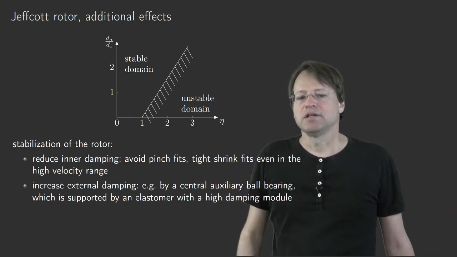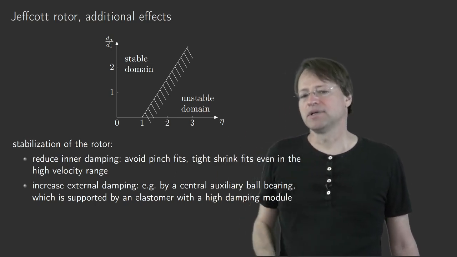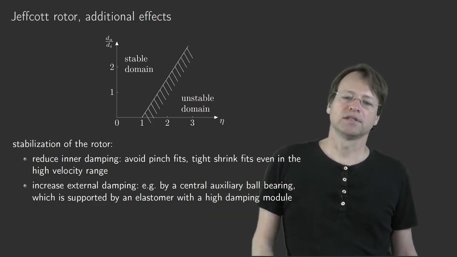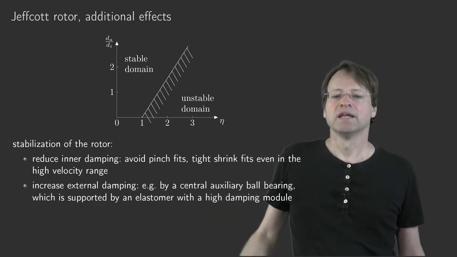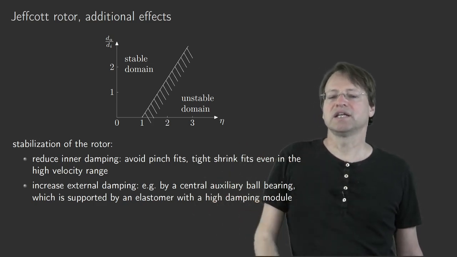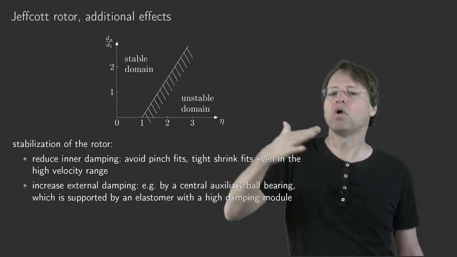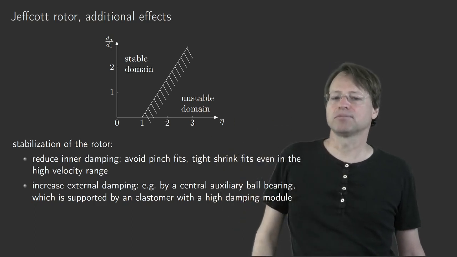For example, by introducing auxiliary bearings that are supported by an elastomer in order to support the system with a high damping module. But you want to use this in extreme cases, for example, if you pass the resonance in order to avoid that the amplitudes become too large.